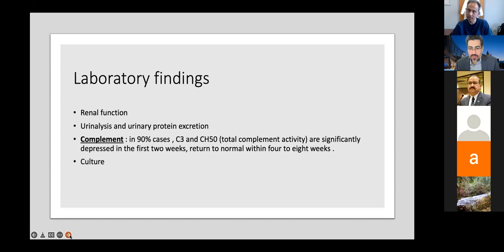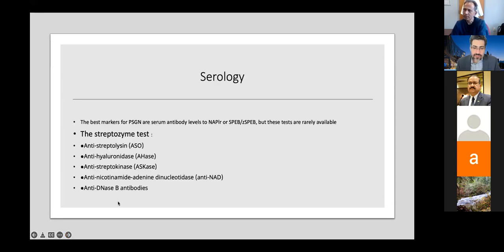is mainly diagnosed by serological tests to see the antibodies to antigens in the patient's serum. You can order a streptozyme test, which will show different antibodies against the antigens, or depending upon availability, individual antibodies.